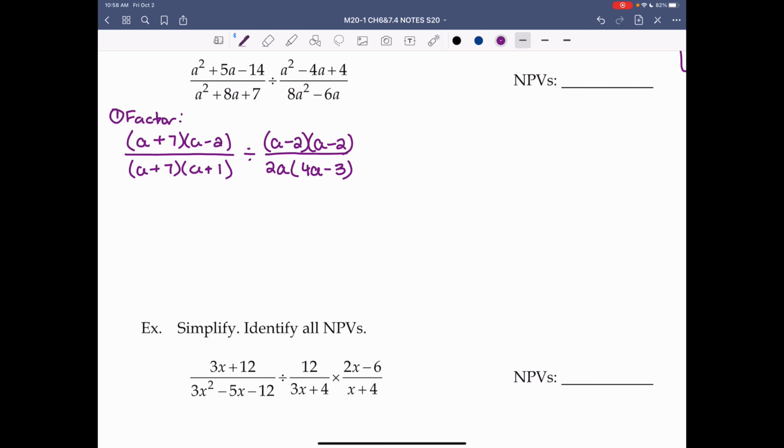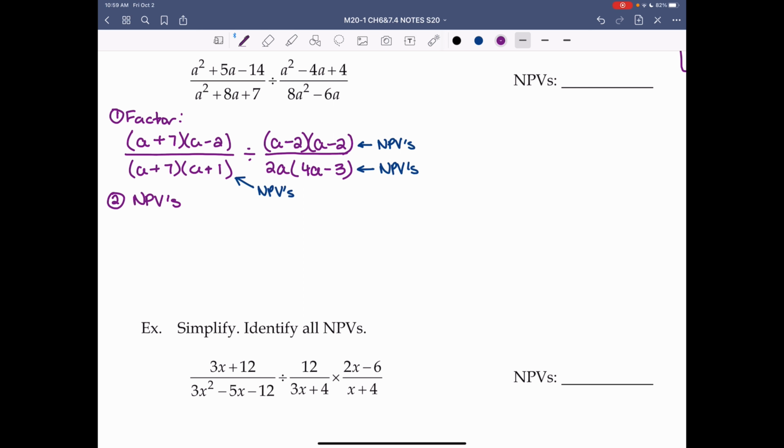Step number 2 is our NPVs. Remember, this is a division question, so we need to look at the NPVs for the denominators like we normally would. But we also need to look at the NPVs for the numerator of the fraction that we're dividing by, because we're going to flip that fraction and then that numerator will become a denominator.